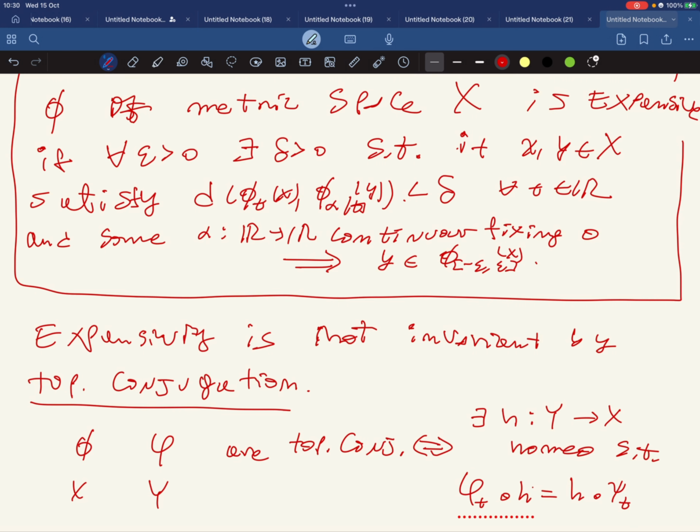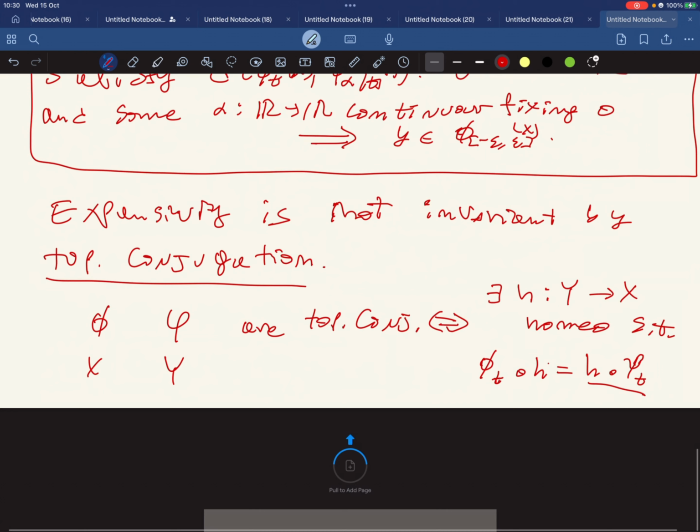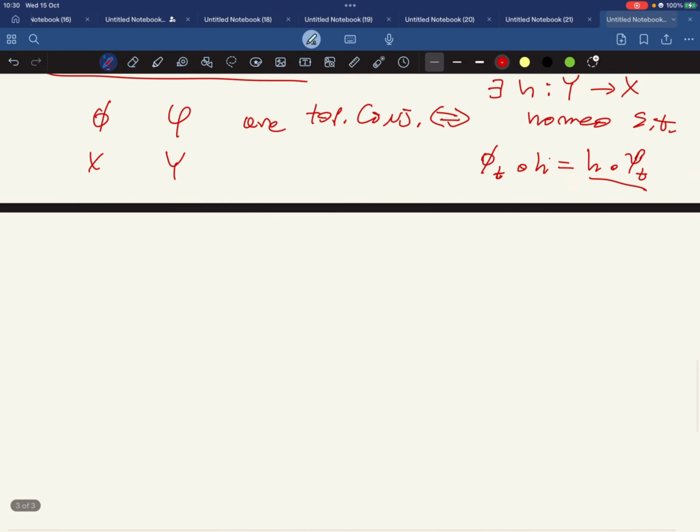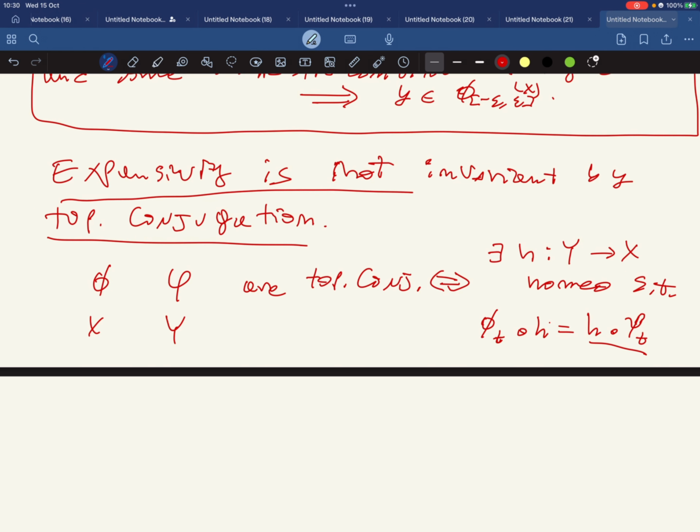This means that H carries the flow of var phi into the phi flow. This is the meaning of topological conjugation. There is a stronger property, topological equivalence, which I will not talk about here. Now, what is the problem? Expansivity is not invariant by this relation.